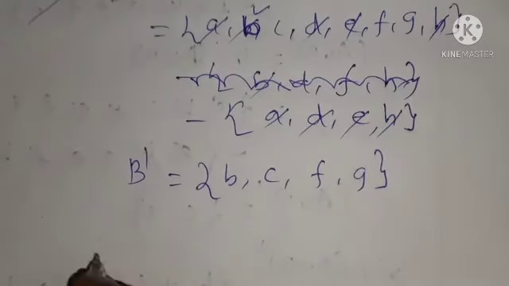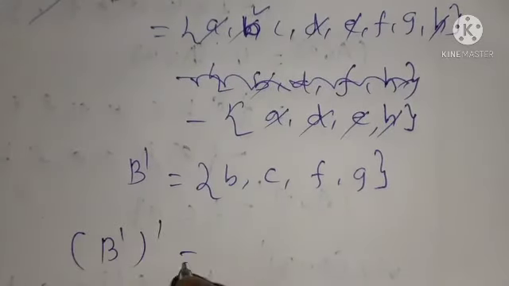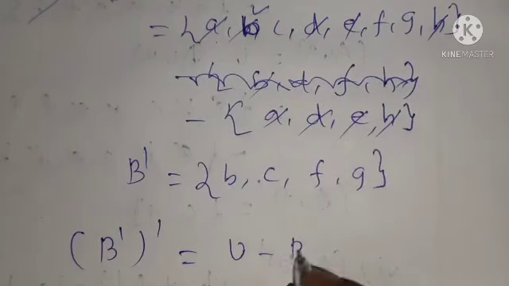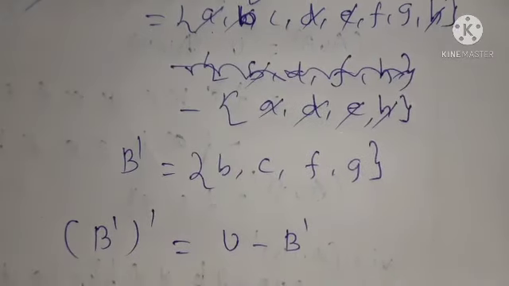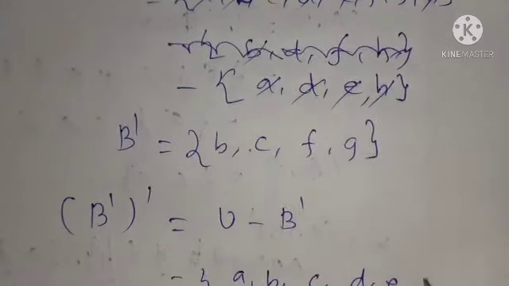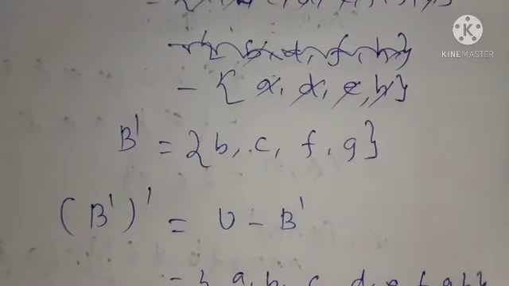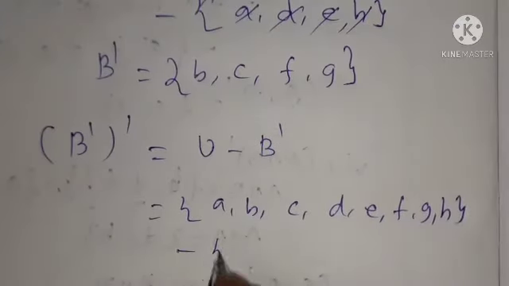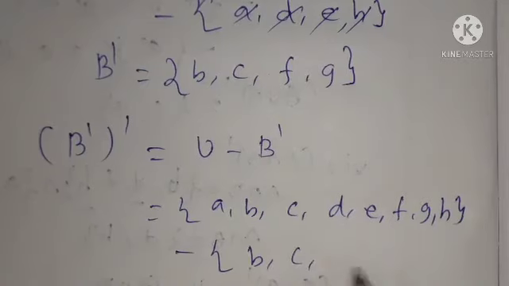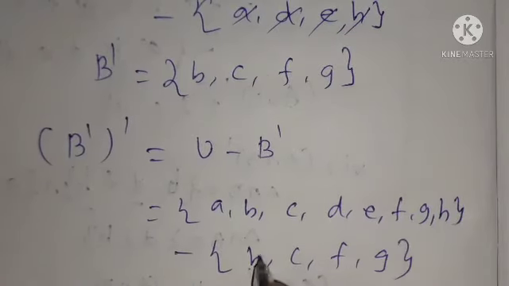Then next, (B dash) whole dash equal to the universal set minus B dash. Write the elements of the universal set A, B, C, D, E, F, G, H minus B dash, which is B, C, F, G. Strike out the common elements.